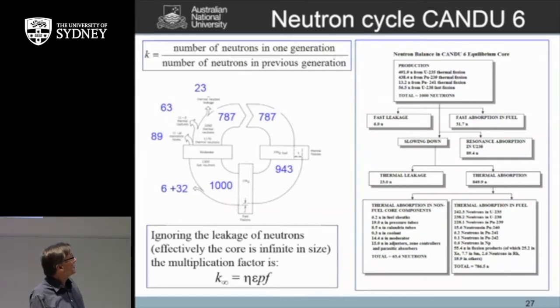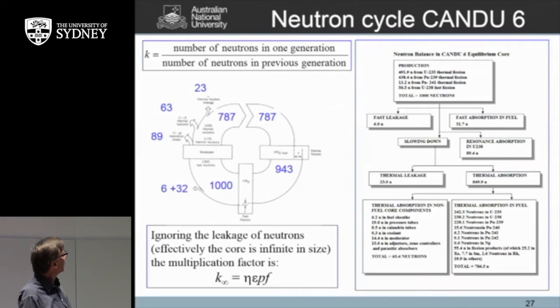It's hard to find detailed numbers for pressurized water reactors around, but here are detailed numbers in the neutron cycle for a CANDU 6 reactor in equilibrium. You may not be able to read it there, but this reactor is running on natural uranium, and about half of the power, half of the neutron production, is in fact coming from plutonium-239, which has been made in the reactor core through neutron captures.